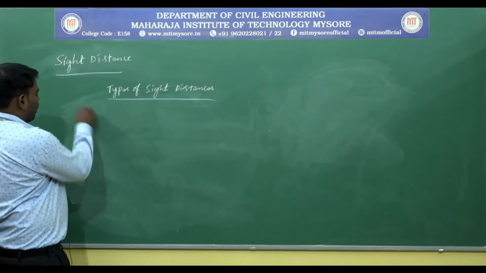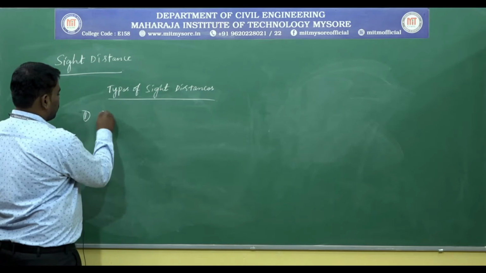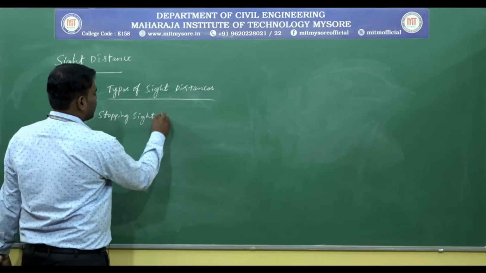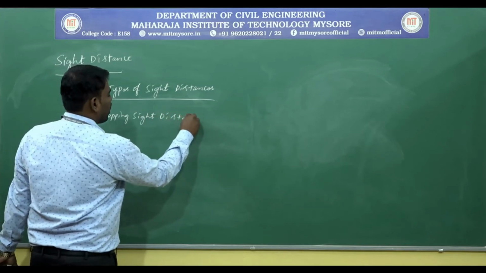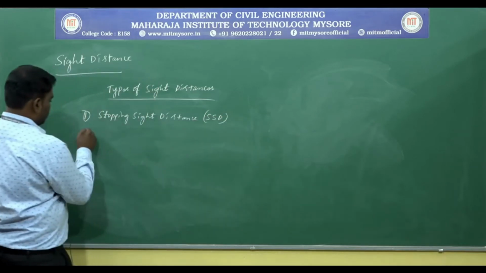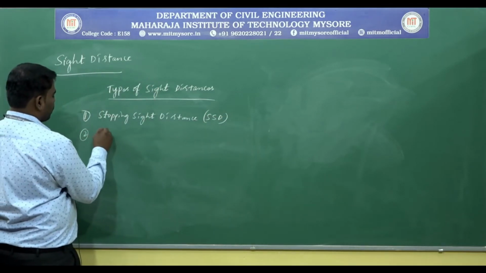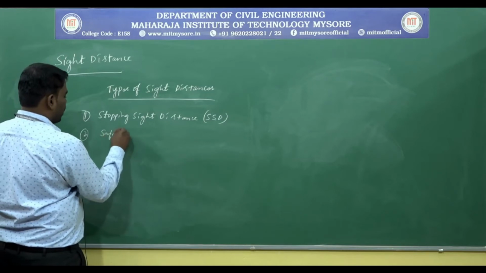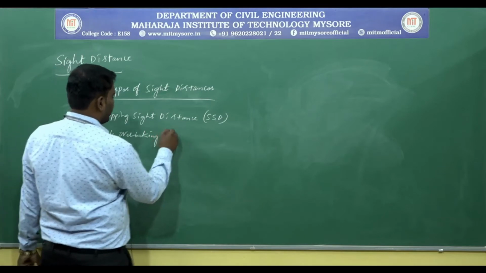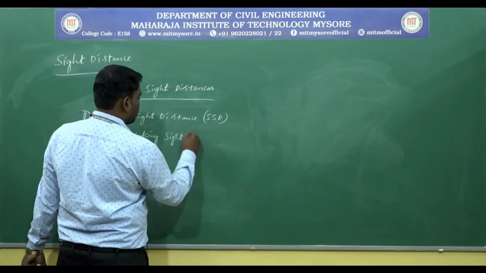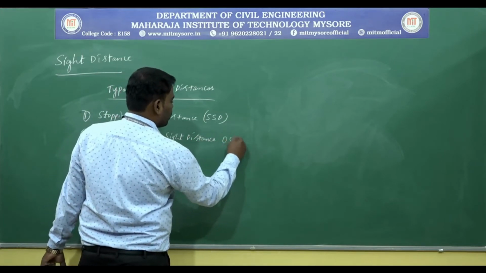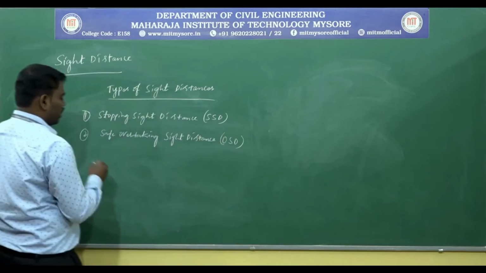The first one is stopping sight distance, SSD. The second one is safe overtaking sight distance, OSD.